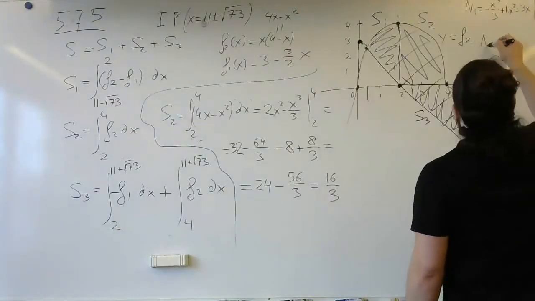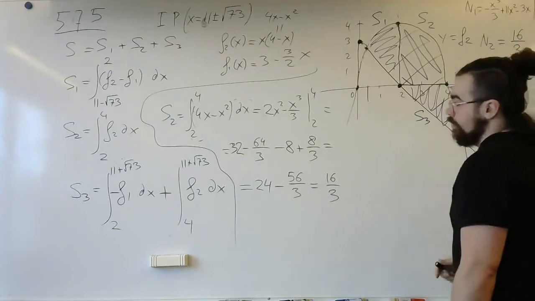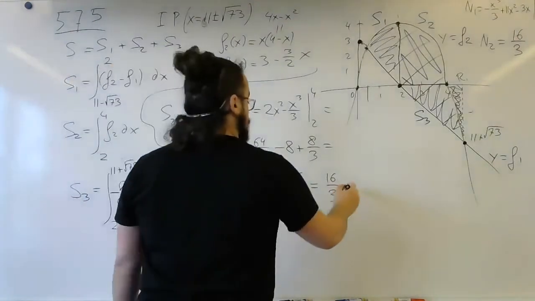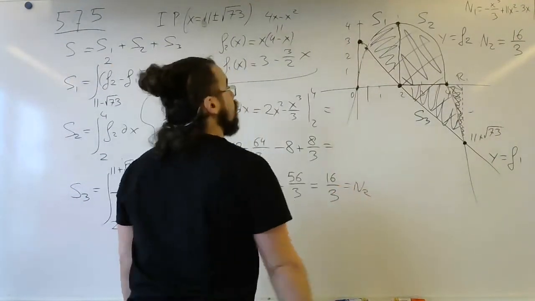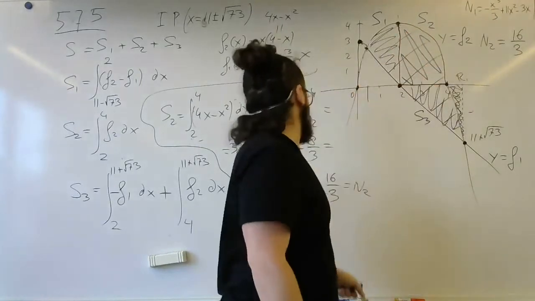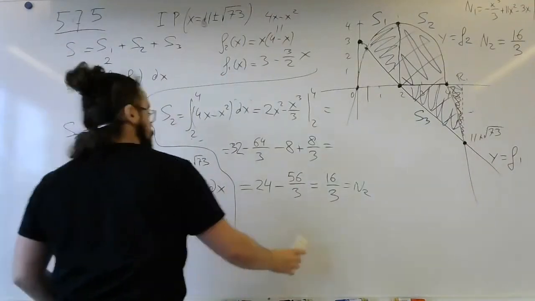Looks good. The surface 1 is given by n1, surface 2 is given by n2. So now let's calculate S3.